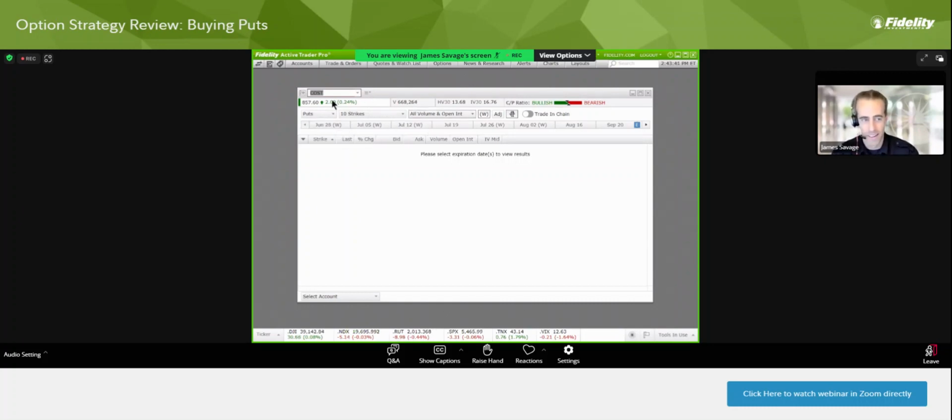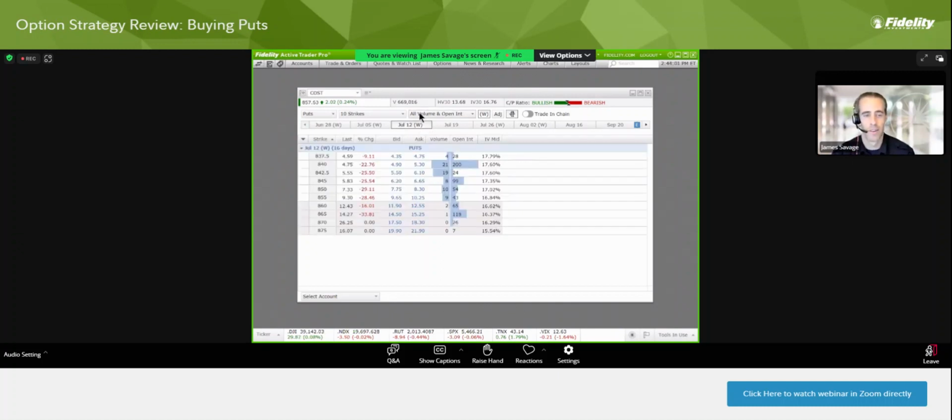Got the underlying. I switch this from calls and puts to puts. We've got the time frame. Maybe in this scenario I said, hey, 2 weeks. I think it's going to go down in 2 weeks. So what if a trader just decided to go out about 2 weeks in time, say 2.5, and choose July 12th?